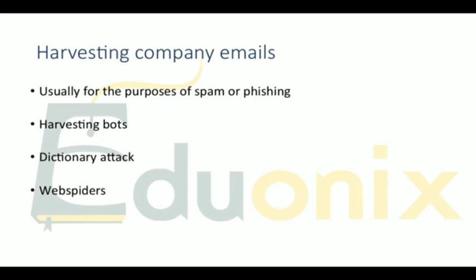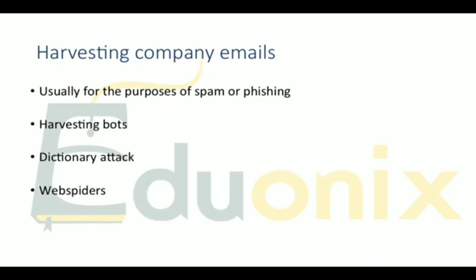So, harvesting company emails. They're usually for the purposes of spam or phishing, but they're usually done by harvesting bots. The simplest method involves spammers purchasing or trading lists of email addresses from other spammers. Another common method is the use of special software known as harvesting bots or harvesters, which spider web pages, postings, Usenet mailing lists, archives, internet forms and other online sources to obtain email addresses from public data.